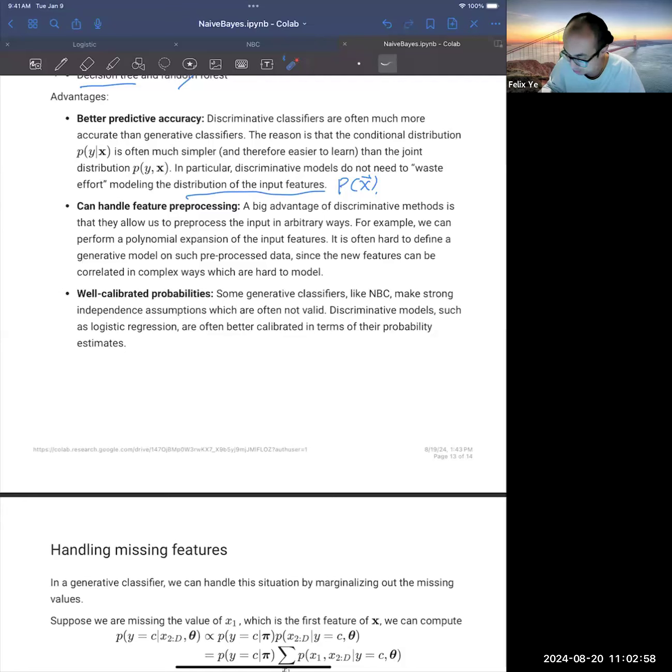And this is a way too optimistic, way too simplified assumption. But discriminative models such as logistic regression are often better calibrated, we don't have to make such strong assumptions, and it turns out that we can have a better probabilistic estimate with logistic regression.